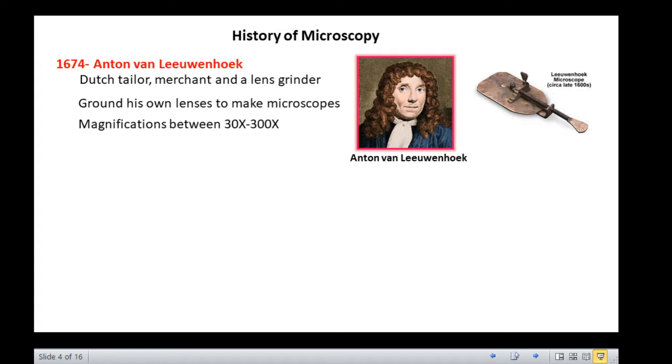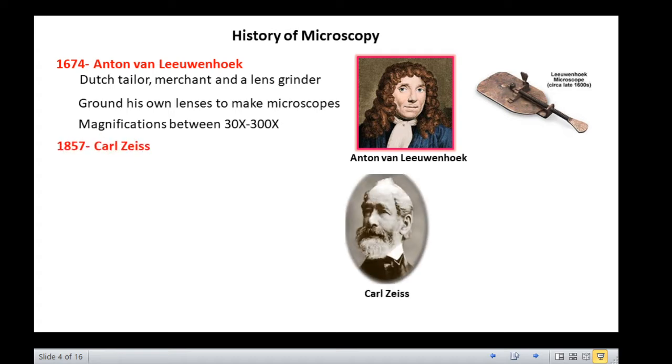The 19th century saw dramatic progress in the development of the microscope, thanks to the contributions of a few great minds. Carl Zeiss was one of them. He devoted significant efforts to the manufacture of microscopes.